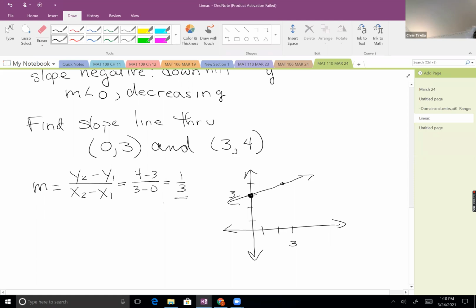Did anybody else get a slope of 1/3? Yep. And again, that slope of 1/3, if the line were graphed already, we could have found it by saying it goes up 1 and over 3. And since that slope is positive, our line goes uphill or it's increasing.